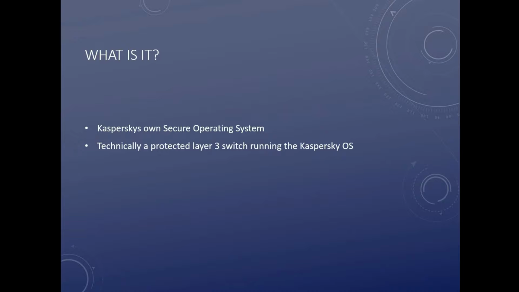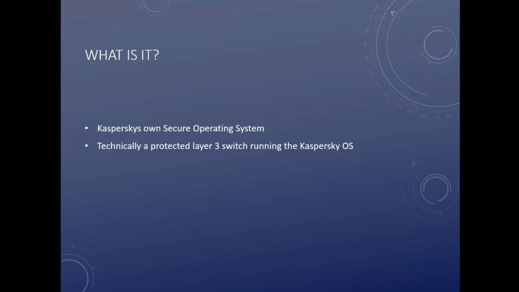Now, for those of you who aren't in networking, if you don't understand what a layer 3 switch is, it just works on the third layer of the OSI model. But a layer 3 switch is vastly different from a layer 2 switch.